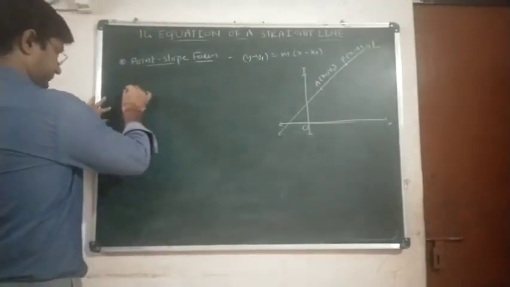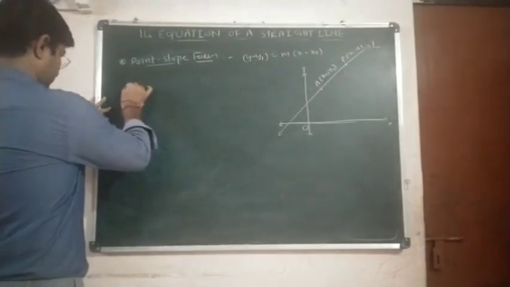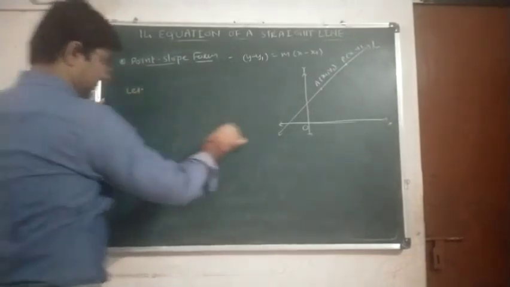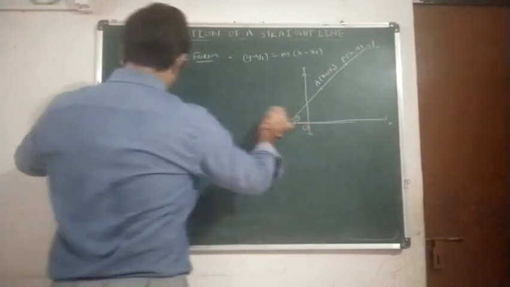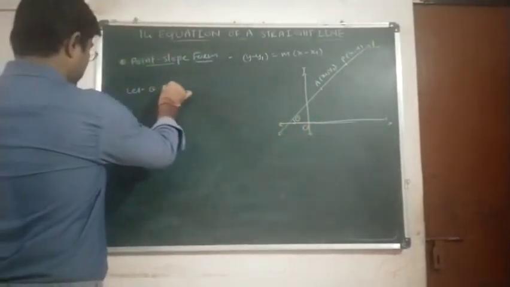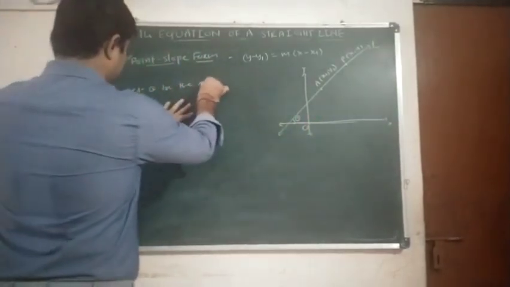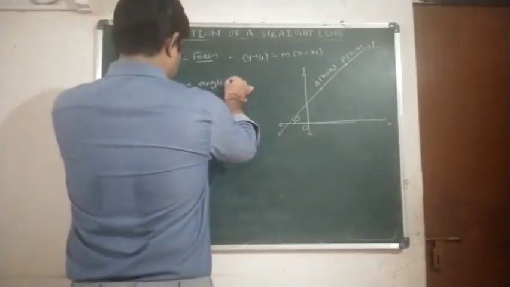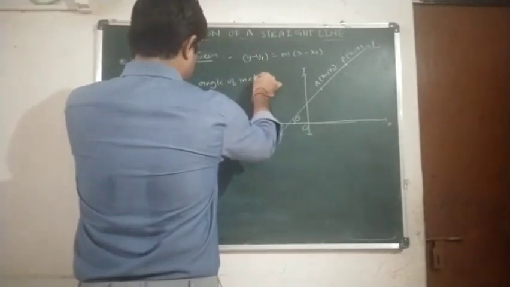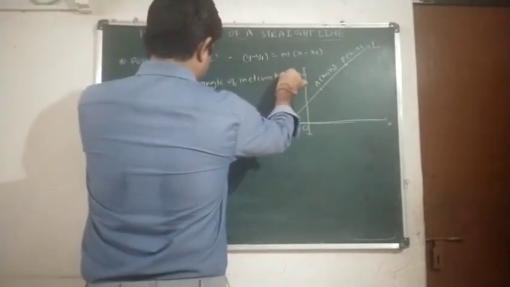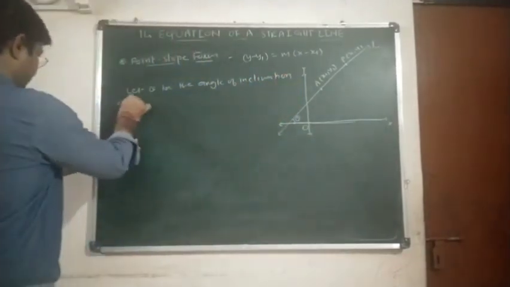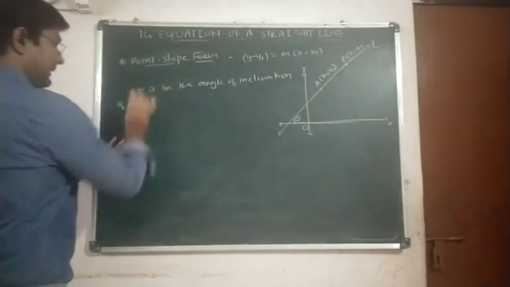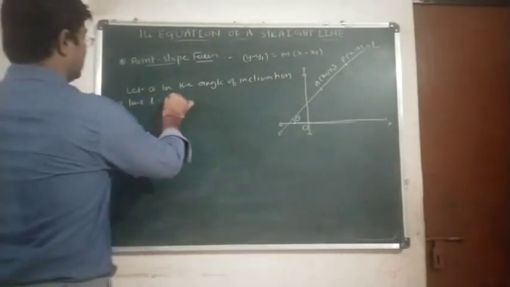So let us write down. Again here theta will be the inclination. Let theta be the angle of inclination of line L. Yes or no?